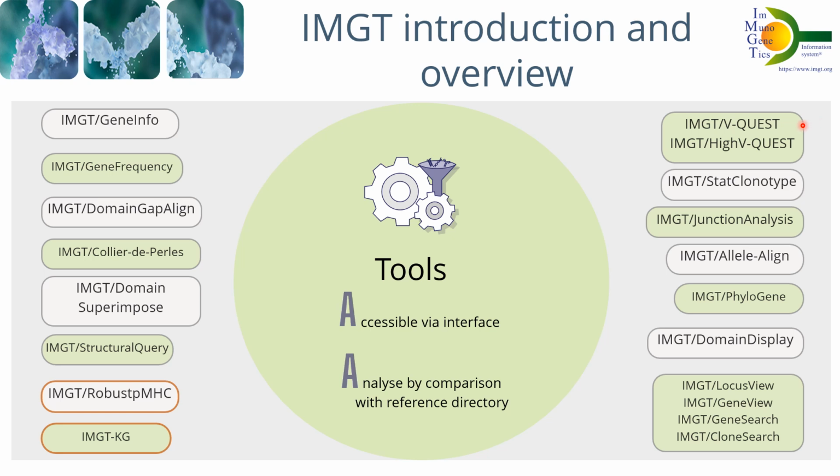I'm going to talk about IMGT DomainGapAlign, which aligns the amino acid sequences per domain, creates gaps according to the IMGT unique numbering, and highlights differences with the closest reference gene and alleles found in the IMGT reference directory. All of these tools will be addressed in much more detail in the subsequent webinars, where the different axes of research and development within IMGT will be explored.